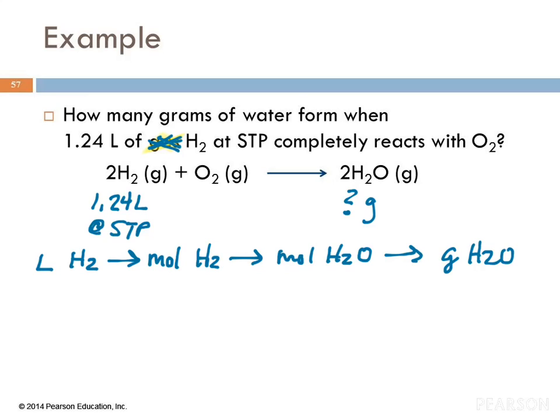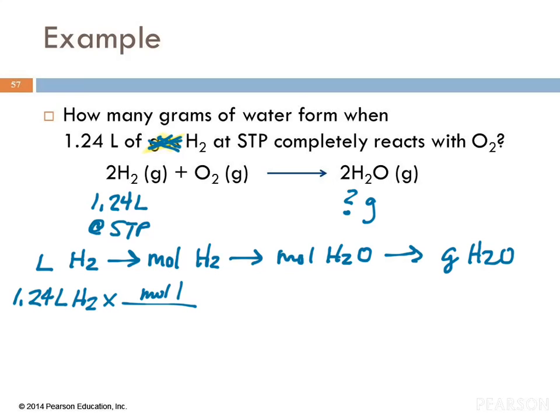Now, do you have to write that down? No, but if you get lost easily, go ahead and write it down. Here we've got liters, so we can just start doing our equation with dimensional analysis, 1.24 liters of H2. We've got 3 arrows, 3 conversion factors.